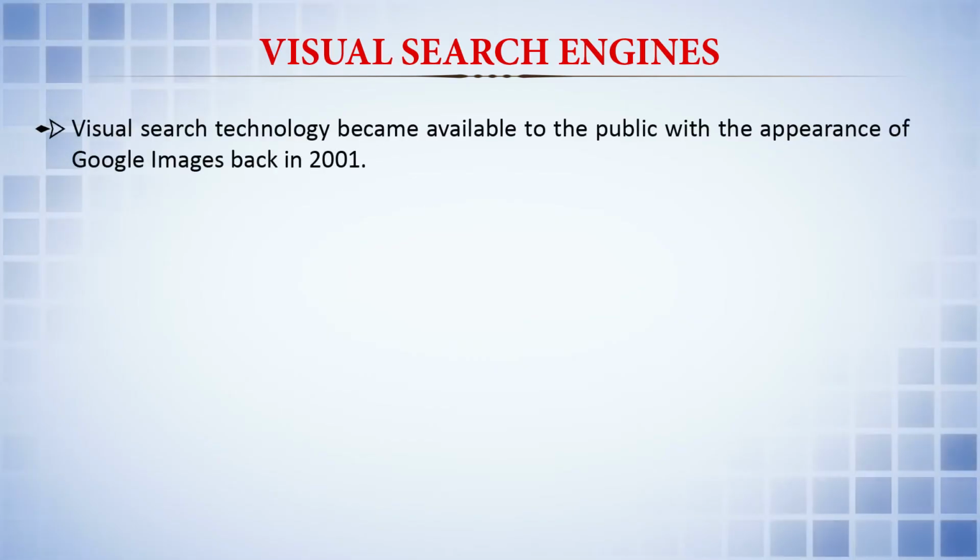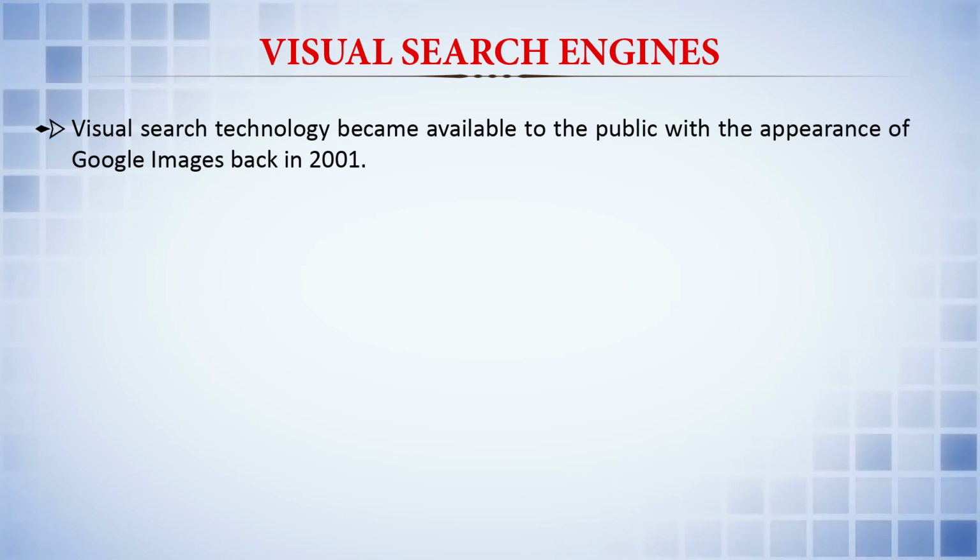Visual search technology became available to the public with the appearance of Google Images back in 2001. Earlier, when they launched the Google search engine, it was meant to search a particular pattern. It used to give only a text box wherein you would key in the pattern, and depending upon the pattern it would extract the pages and list them in order.